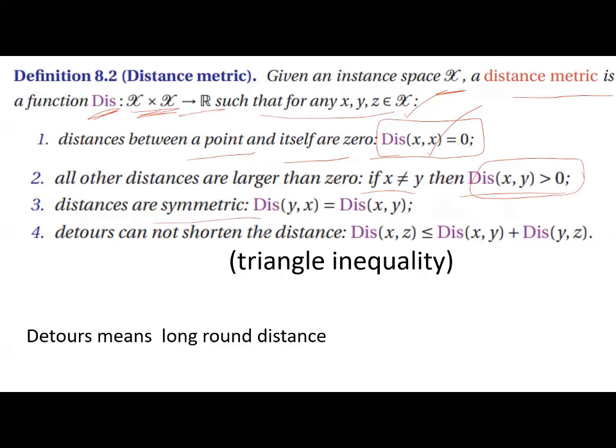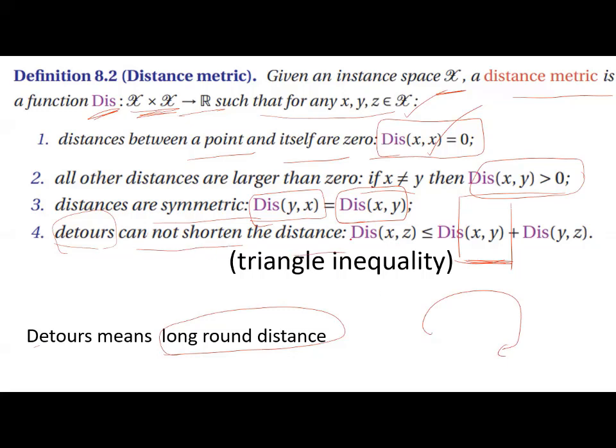Distances are symmetric, that is dis of y comma x is equal to dis of x comma y, because we have the modulus. And detours means long round distance. See, a long round distance cannot shorten the distance, of course.